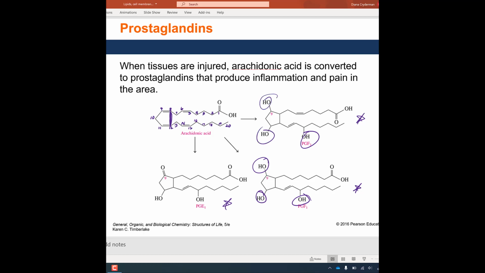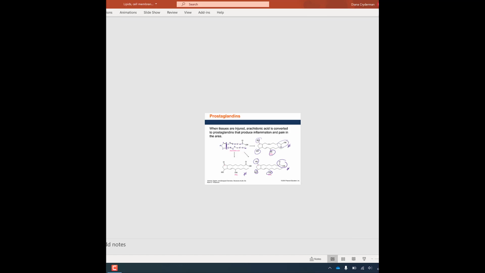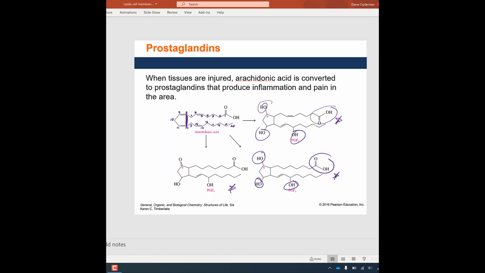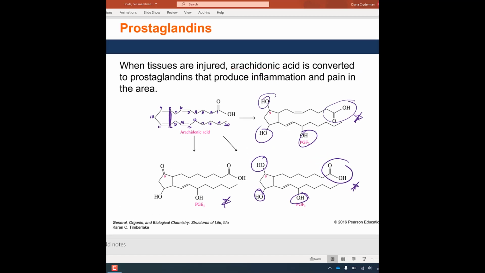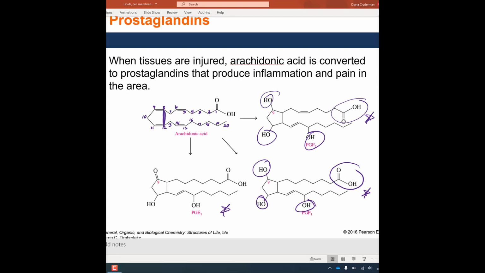And here we've got an inversion of our carboxylic acid, because of a double bond here that's not existent here.